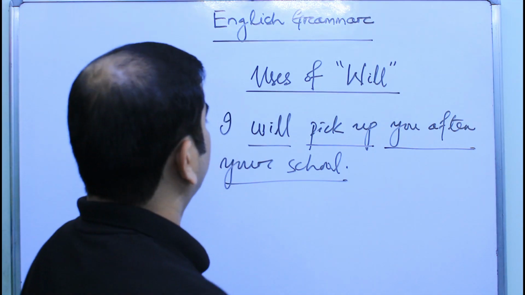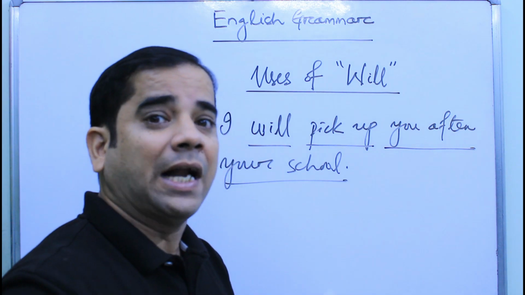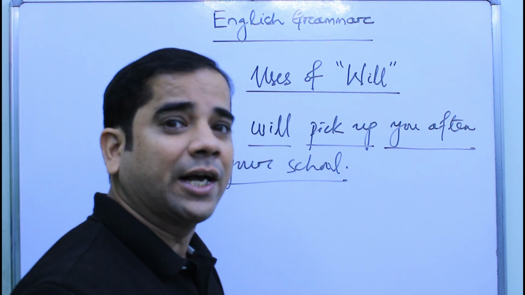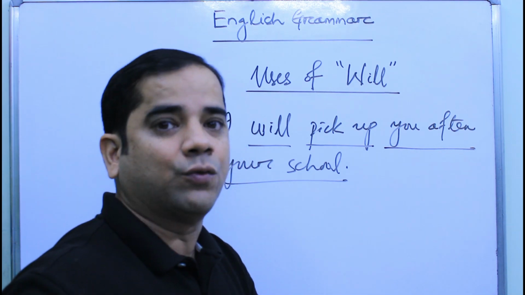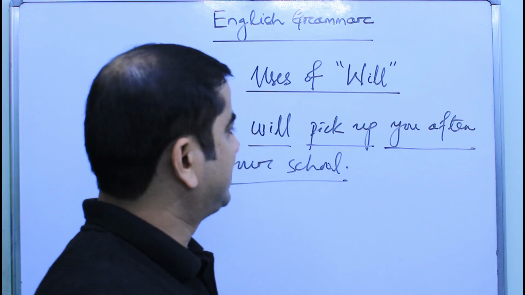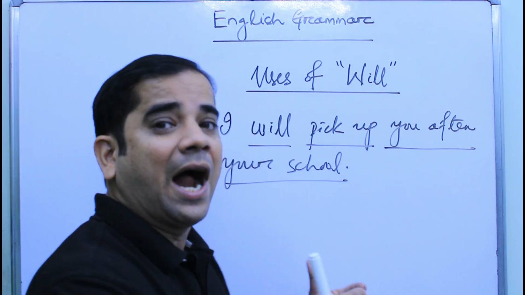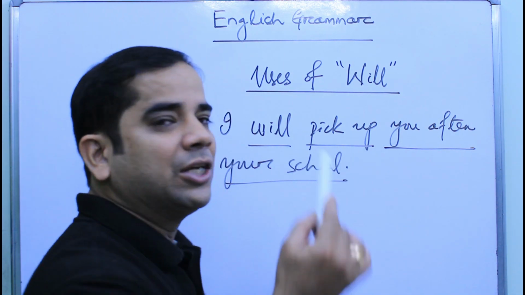So that is why we have used will to express an action that is planned or intended. It is also a future action, but we are just discussing how to recognize where to use will. So I will pick you up after your school.